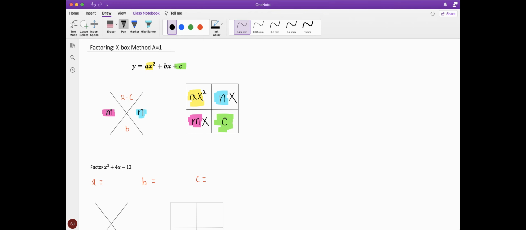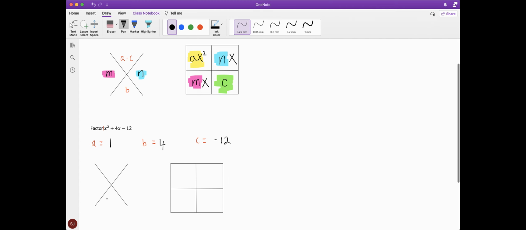In this case, we don't have a number. What does that mean? There is an invisible 1. So our a is 1. How about b? B is the second number, in front of your x. In this case, positive 4. And lastly, your c is your constant at the end. Here is negative 12.